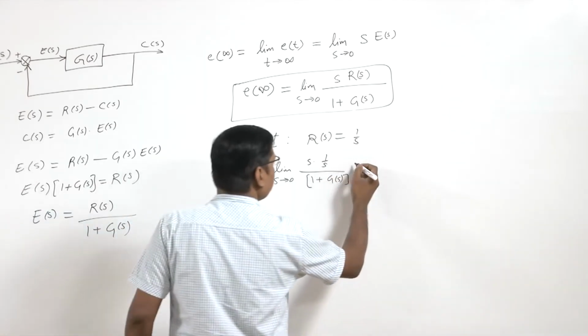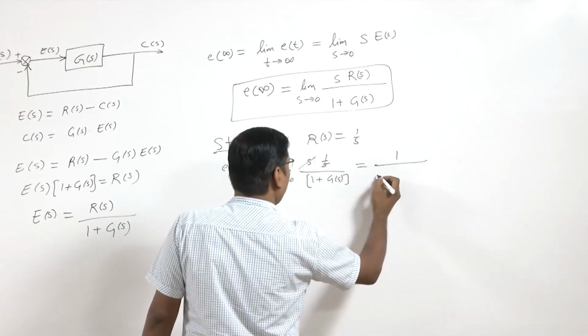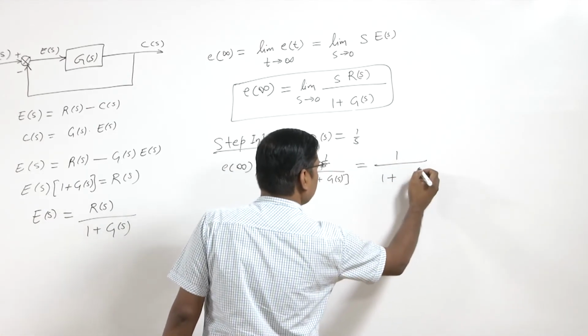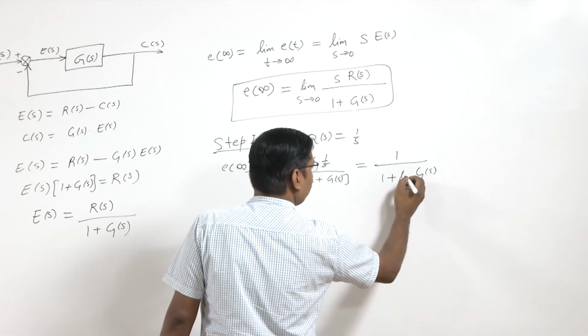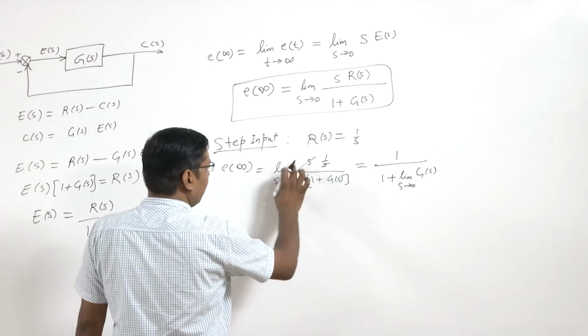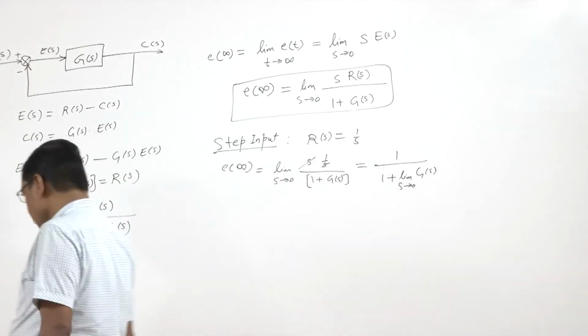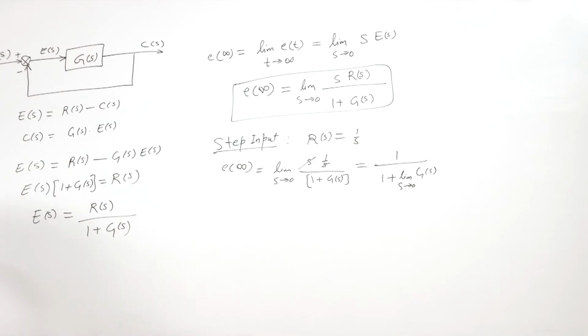And so this s cancels. So 1 by 1 plus G(s), limit s tends to 0, because this limit will reach to the function that contains the s, or the function G(s) is the function of s.